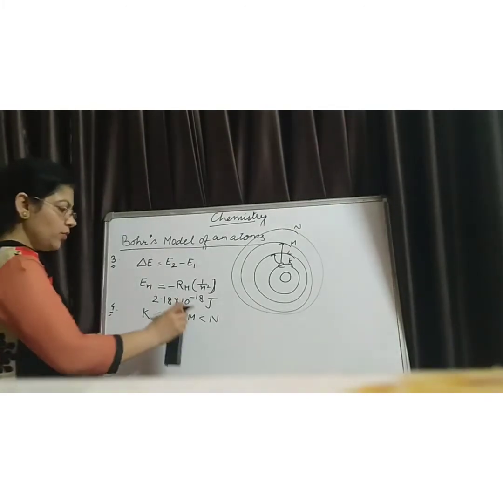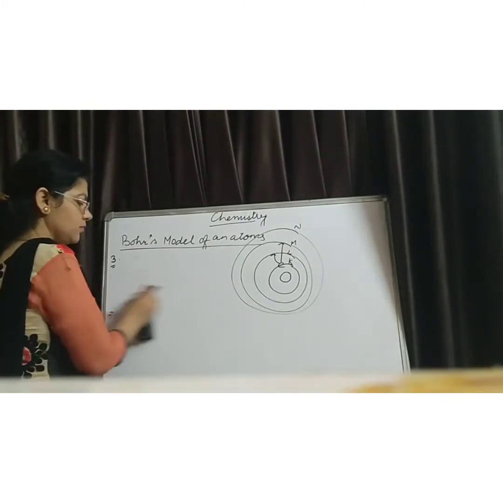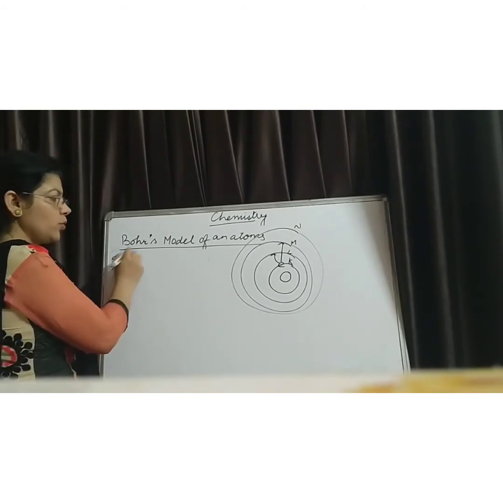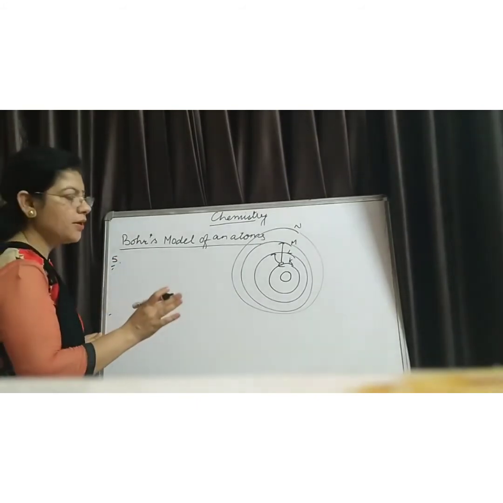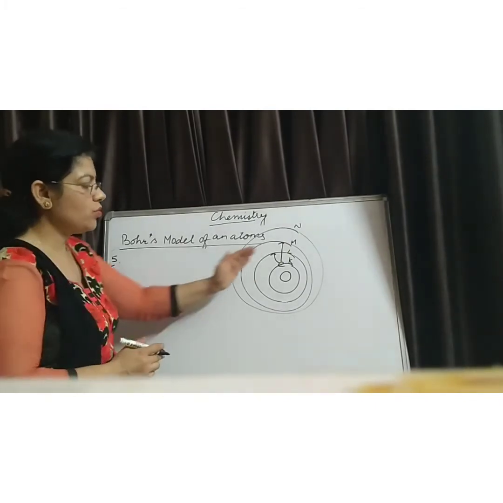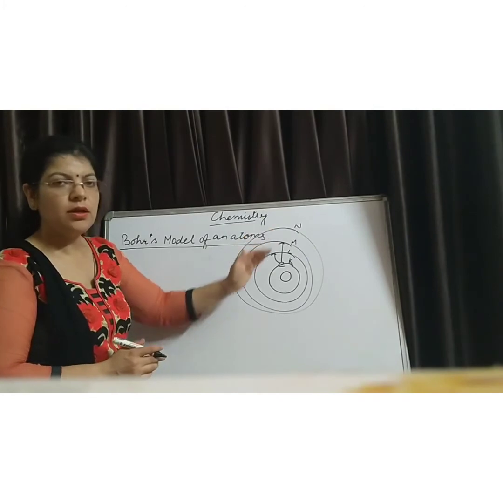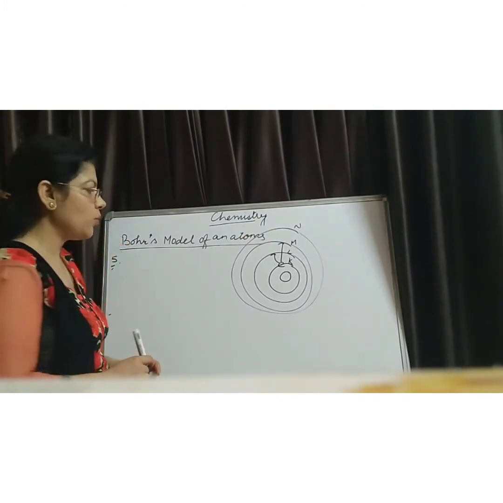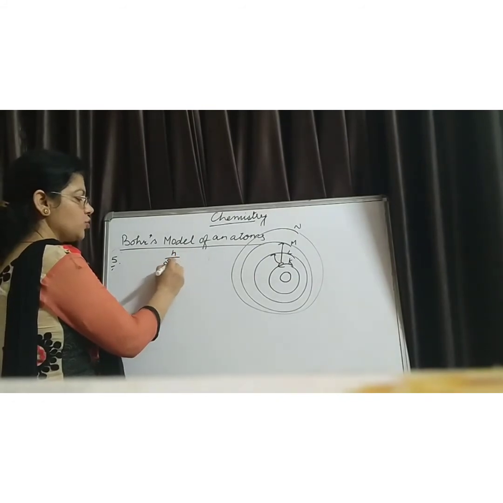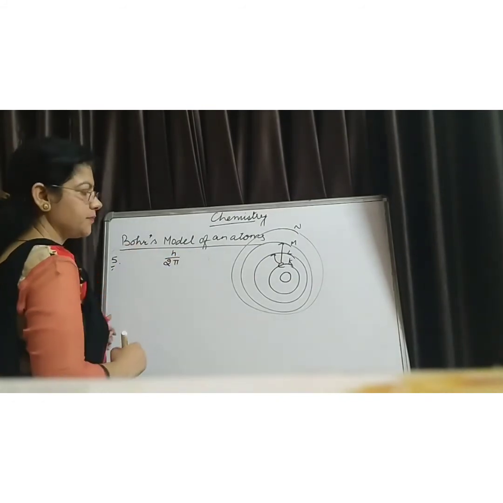The last point of the Bohr's model is that all the orbits around the nucleus are not permitted or not possible. Only those orbits around the nucleus are possible which are having angular momentum an integral multiple of h by 2 pi.